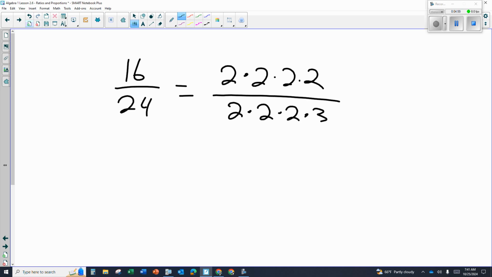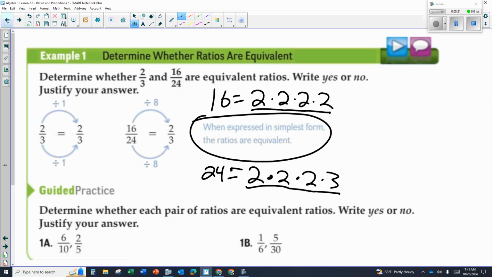Then we simplify. 2 divided by 2 simplifies to 1 over 1, three times. And what's left in the numerator, 1 times 1 times 1 times 2 is 2. In the denominator, 1 times 1 times 1 times 3 is 3. There's another way to visually show that, but you could easily divide by 8. That's fine there, and you'll get that answer.